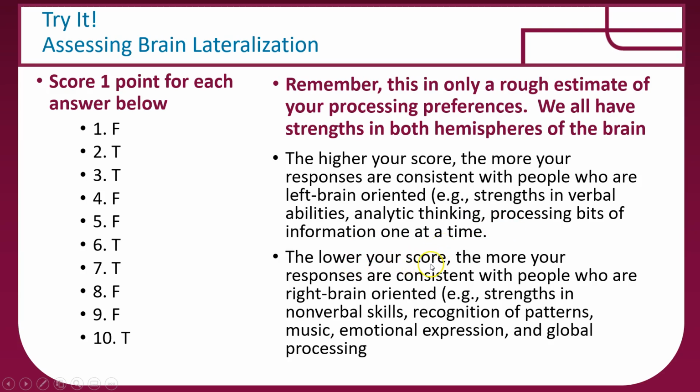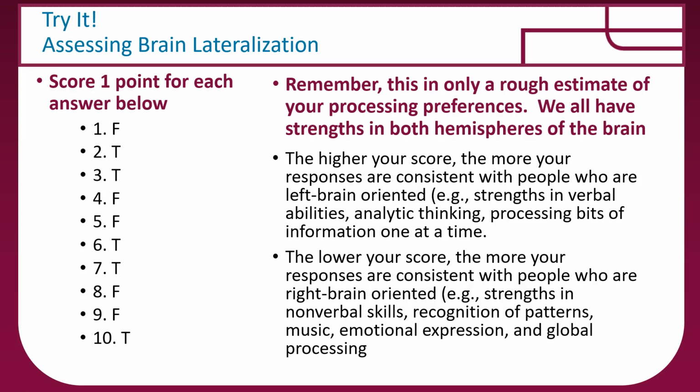And the lower your score, the more your responses are consistent with right brain oriented skills, strengths in nonverbal skills, recognizing patterns, music, emotional expression, and global processing. So you could think about whether that works in terms of your personality and what you know about your strengths and weaknesses. And some of you might be right in the middle, get a 5. And that's just kind of interesting, I think, to think about.